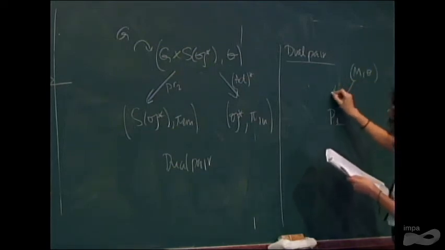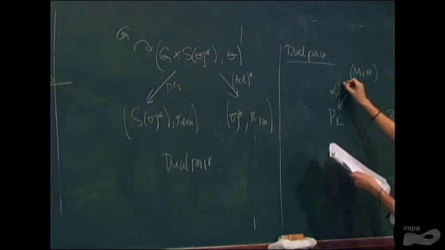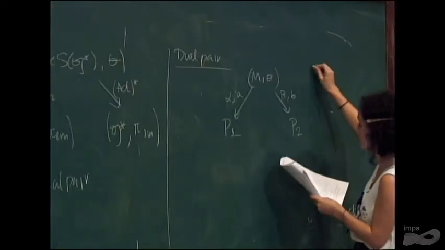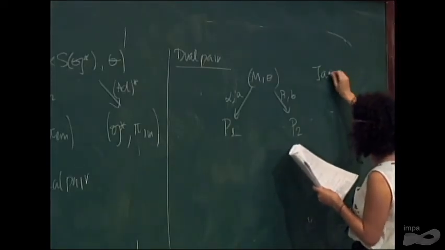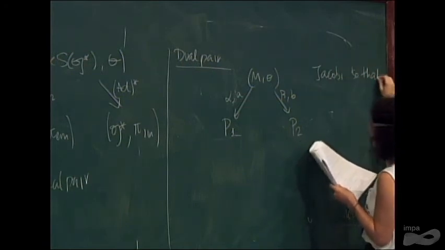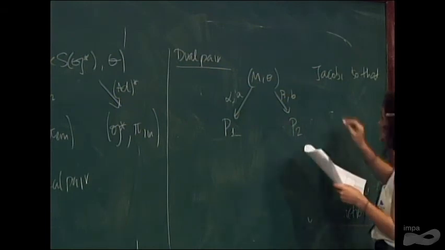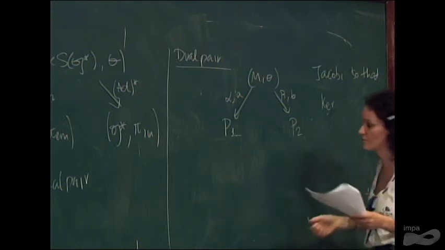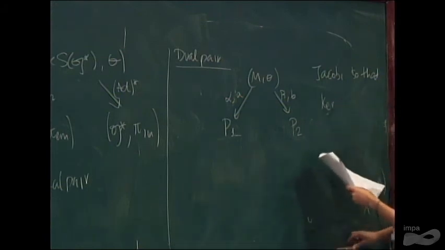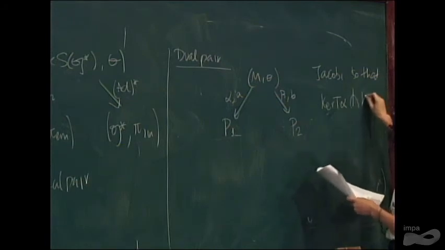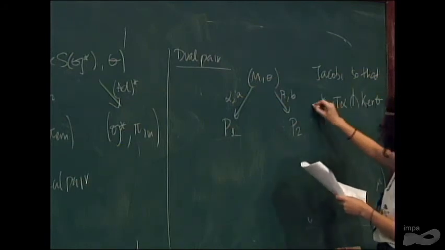Here is alpha, my map, and this is the conformal factor A, and here the map is beta, and the conformal factor will be B. So these are Jacobi maps, so that the fibers are contact orthogonal. Before that, so that the fibers are transversal to the kernel of theta.